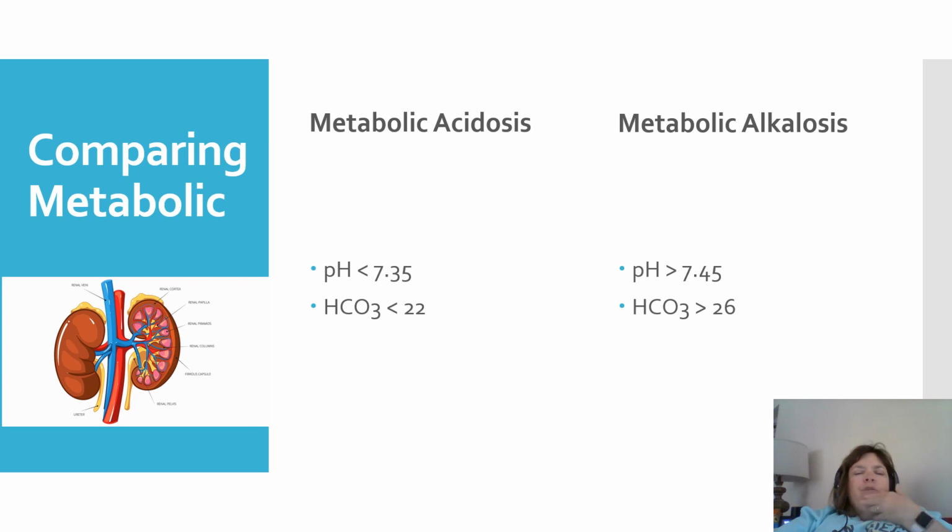Metabolic acidosis, my pH is less than 7.35, my bicarb is less than 22, and metabolic alkalosis, my pH is greater than 7.45, and my bicarb is greater than 26. We'll talk about metabolic causes when we get into renal and sepsis.